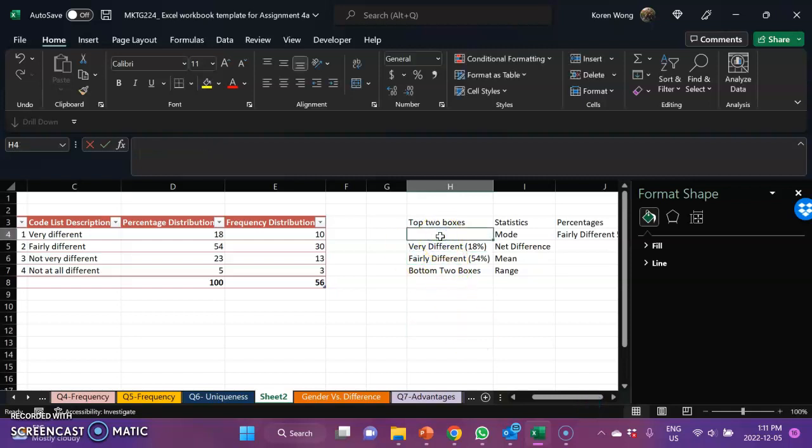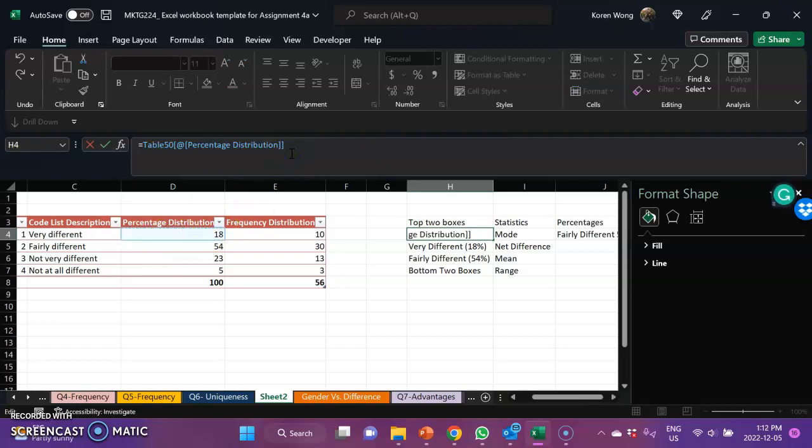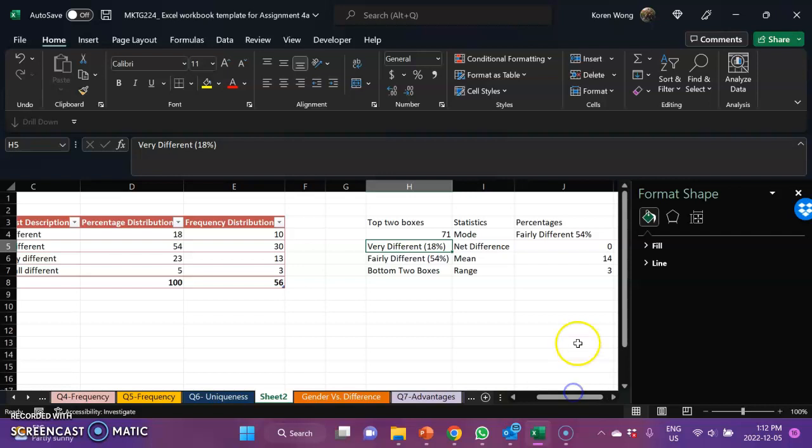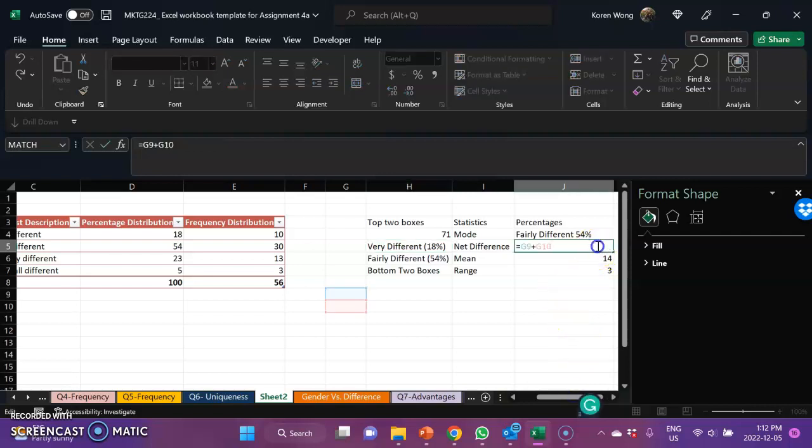And how I would calculate the top two boxes percentage is you add it up. So as with every Excel formula, there's always an equal sign. So equal 18 plus 54. That will be 71%, and the net difference, you can do it again for this one too.